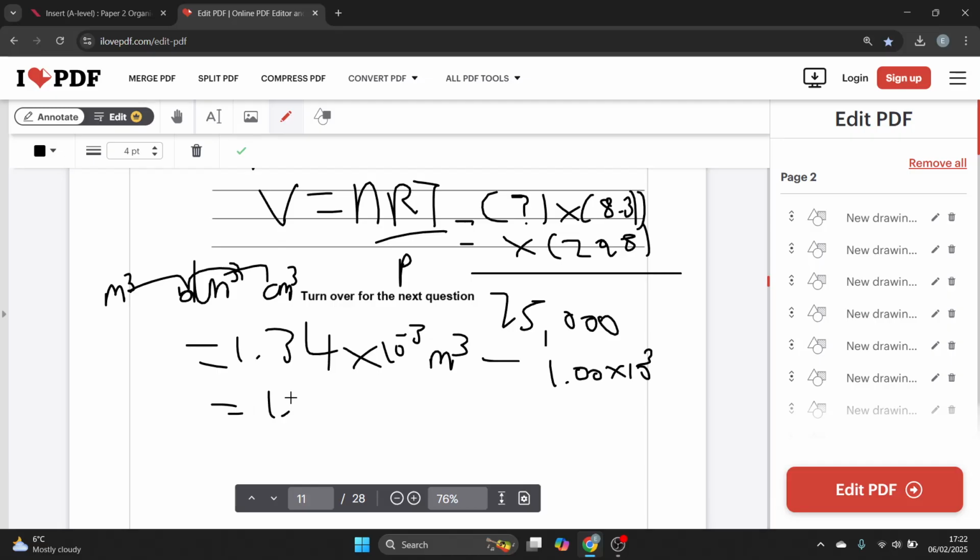So it's 1.34 times 10 to the power 3 minus 1.00 times 10 to the power 3. If I put that in my calculator, I get 340 centimeters cubed, and that is perfectly fine.